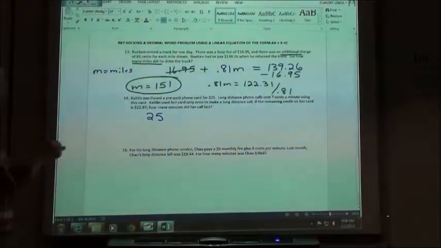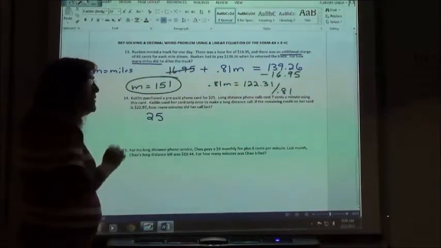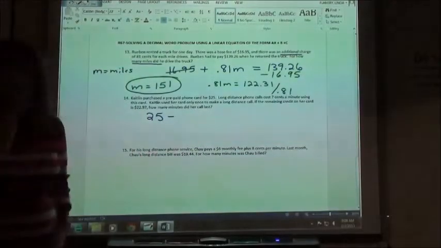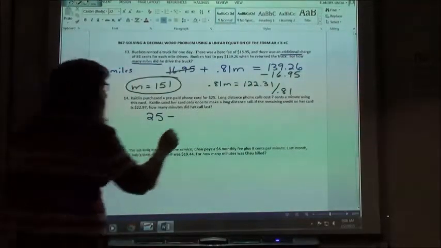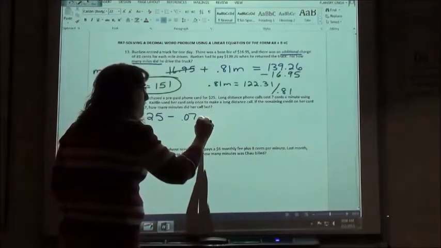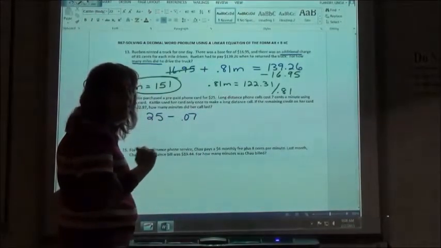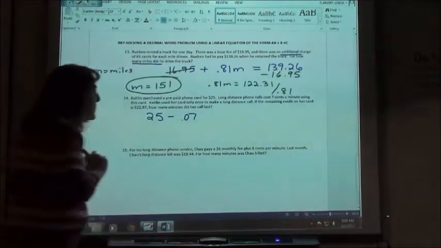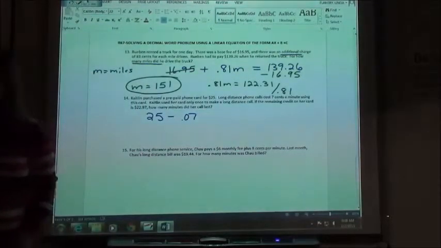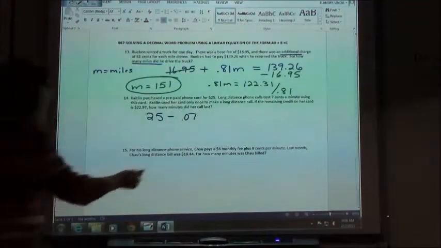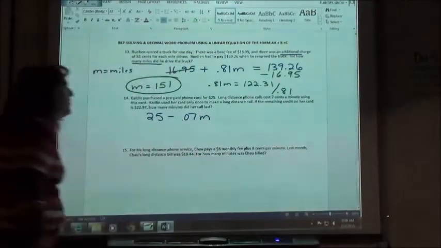Long distance calls cost me 7 cents a minute using this card. So we're going to subtract off, what? 0.07. And what should I have behind my 0.07? Since it's 7 cents a minute, my minutes, my M, or whatever variable you want to use.